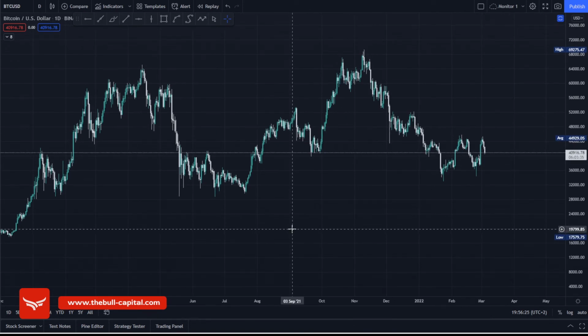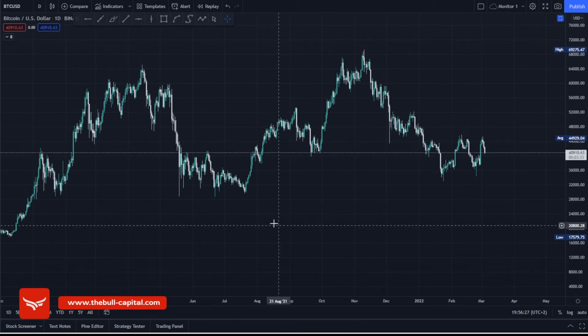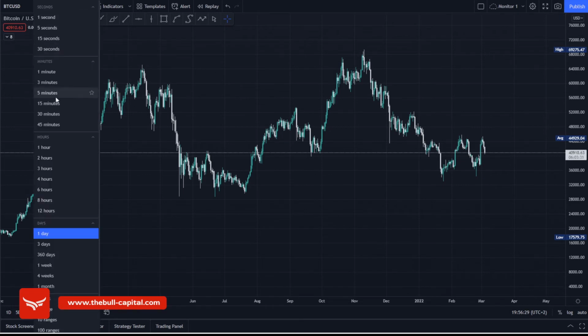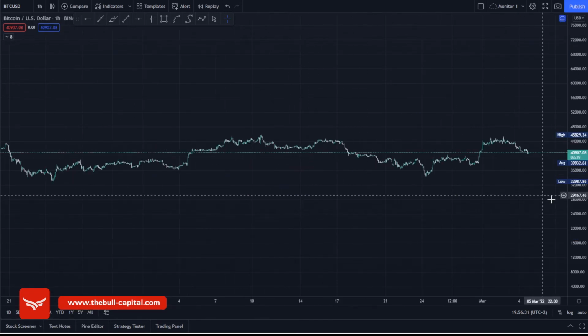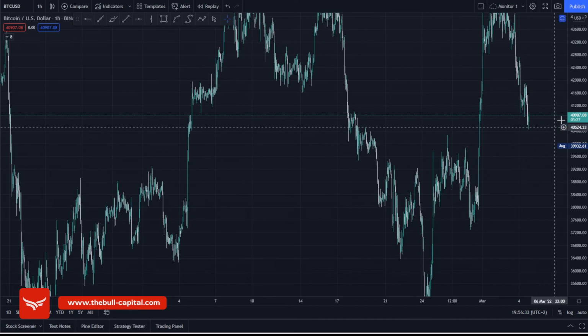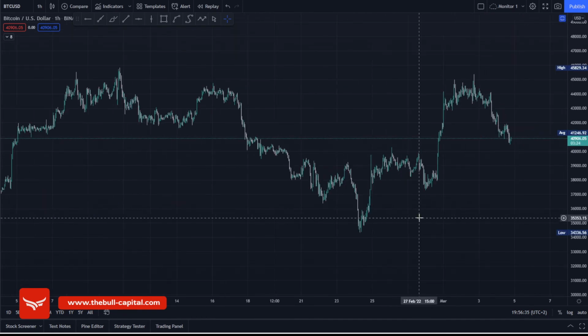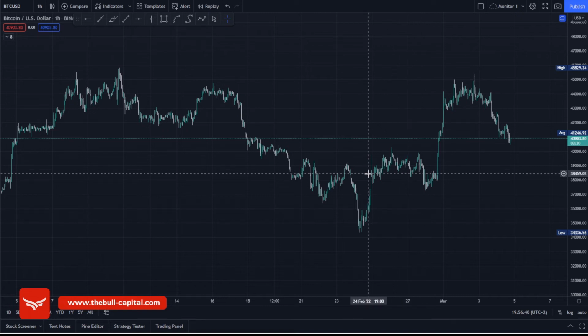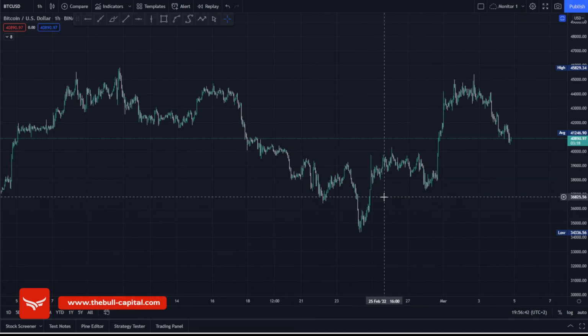Time frames are important. Let's go to the 1 hour time frame. On the 1 hour time frame, things are moving even faster, because each candle means 1 hour.